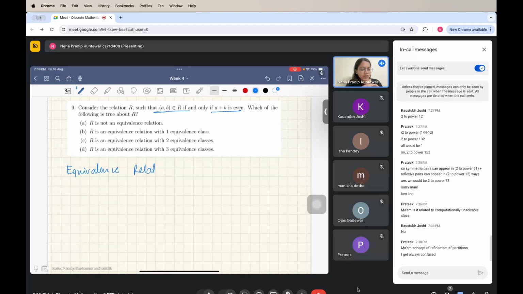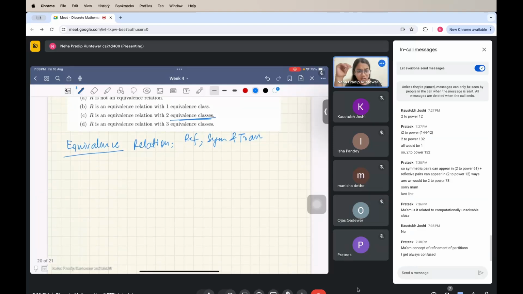An equivalence relation is a relation which has three properties: it is reflexive, it is symmetric, and it is transitive. If all three properties are valid, then the relation is said to be an equivalence relation. Yes, ma'am, it is an equivalence relation. Okay, good. I'll just define equivalence class, and then you can tell me the number of equivalence classes.